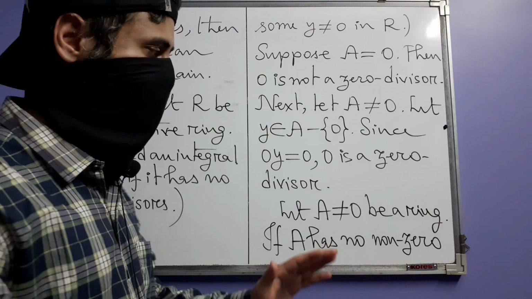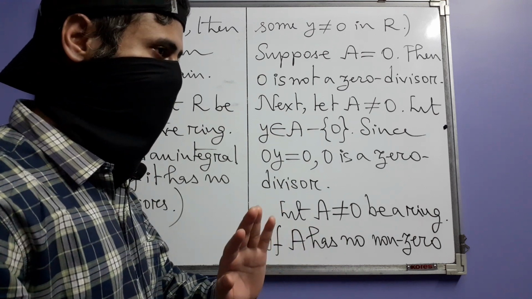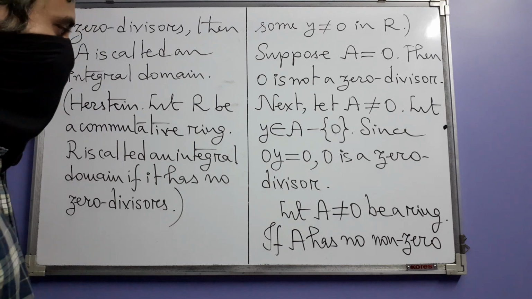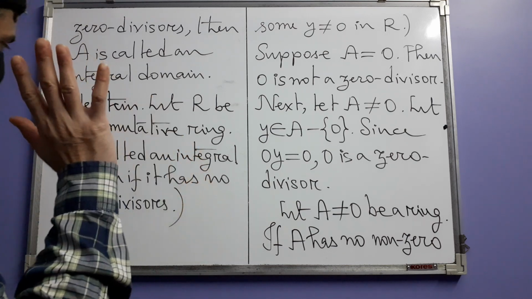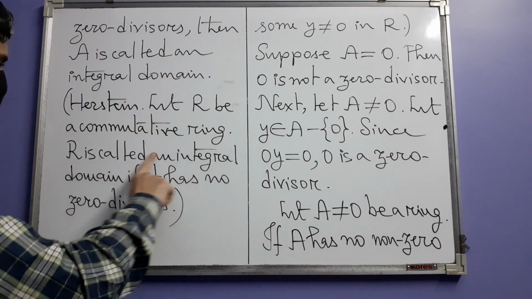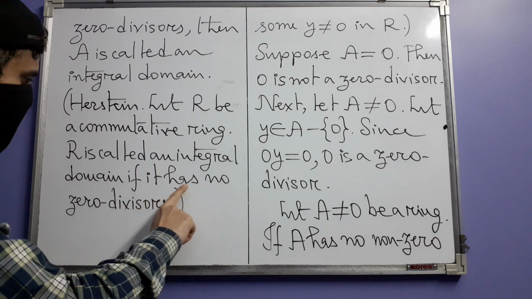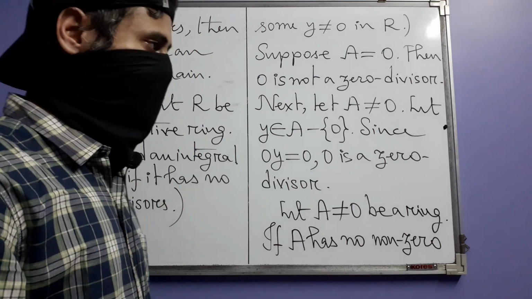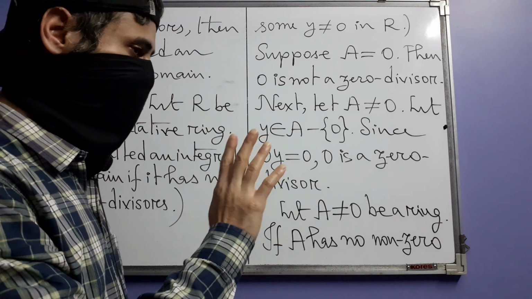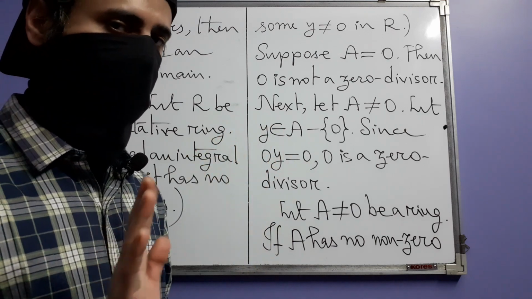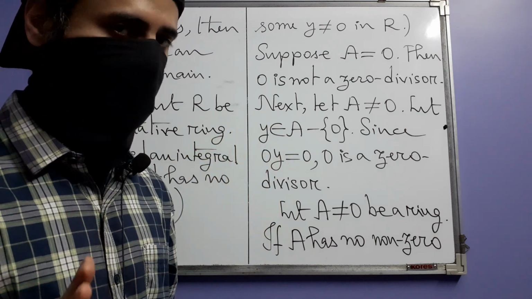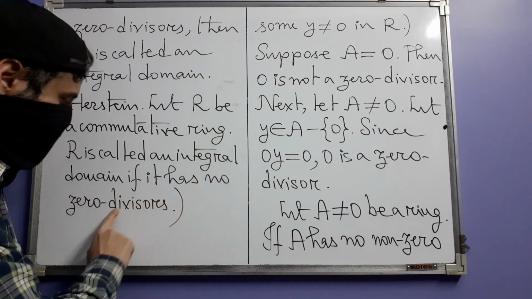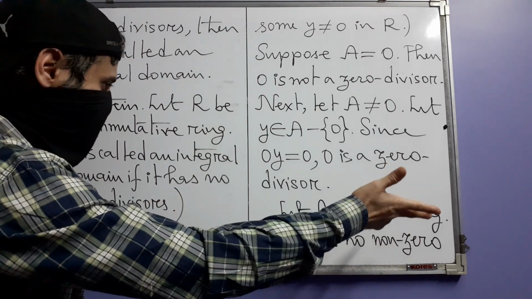This is a ring which is commutative but which has no identity element with respect to multiplication. And then, such a ring is called an integral domain if it has no zero divisors. Recall that 0 is never a zero divisor according to Herstein's definition. So this part of the definition coincides with this.